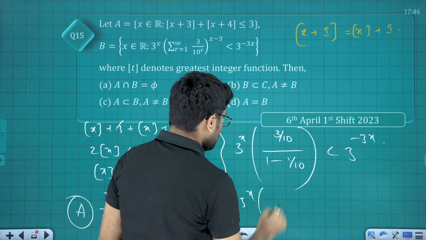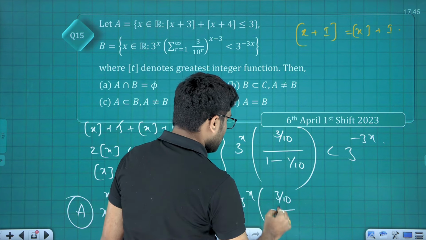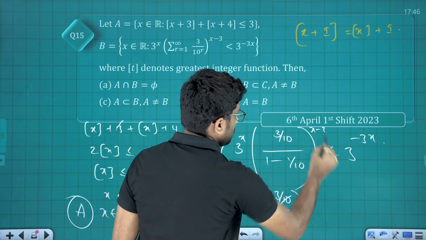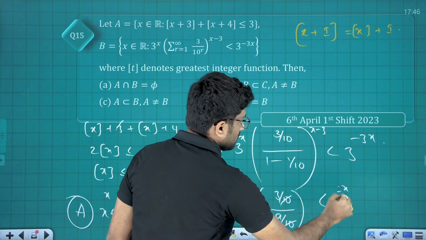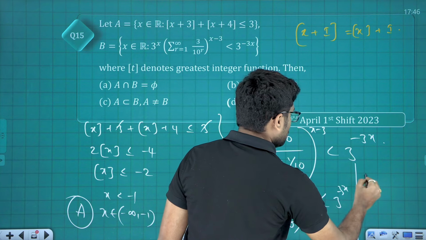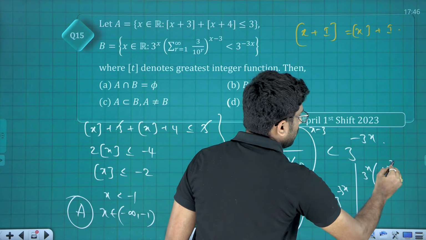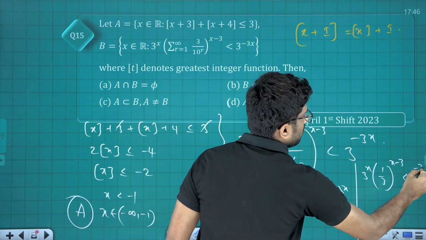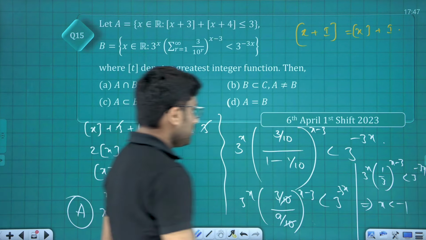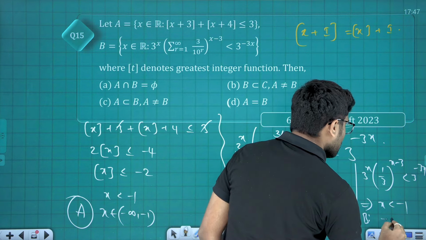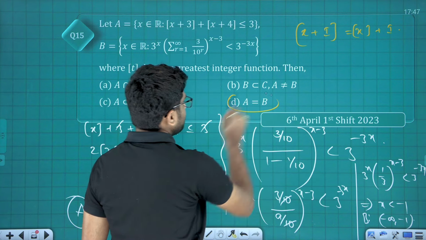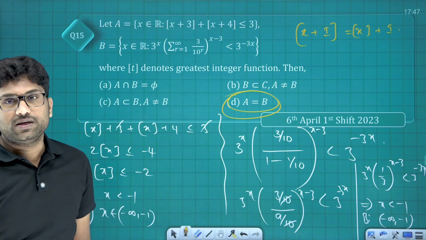So 3 power x into 3 by 10 by 7 by 10, whole power x minus 3, sorry, less than 3 power minus 3x, which is 3 by 7 whole power x minus 3. So 3 power x into 1 by 3 whole power x minus 3 is less than 3 power minus 3x. Friends, if you simplify, even from here we are getting x less than minus 1 only. So that means B is also minus infinity to minus 1. That means both A and B are equal. Set A is equal to set B. Okay.